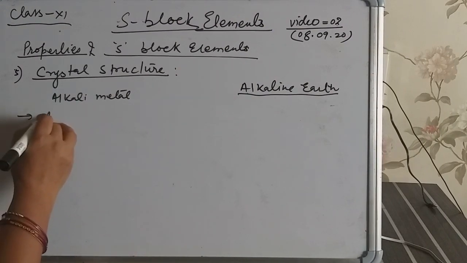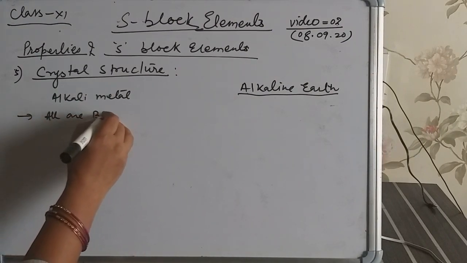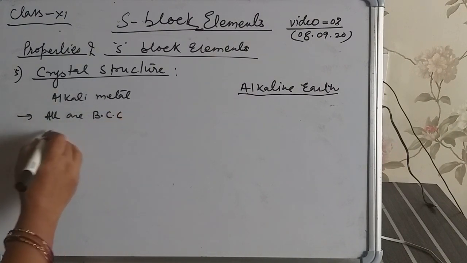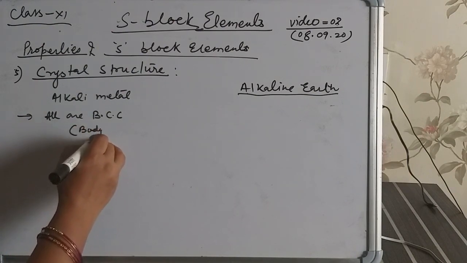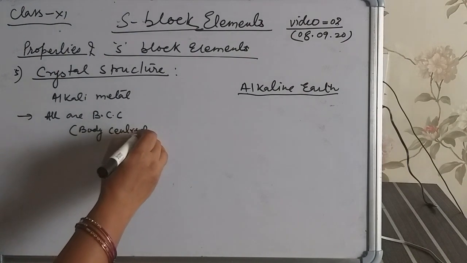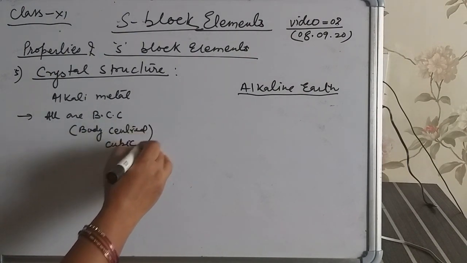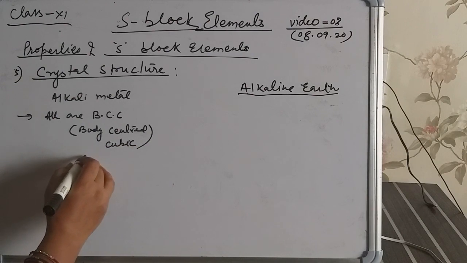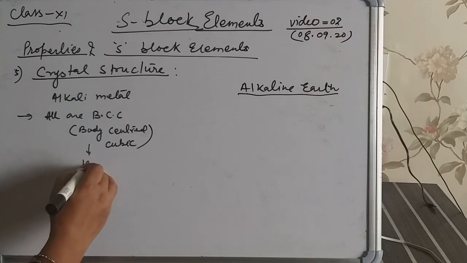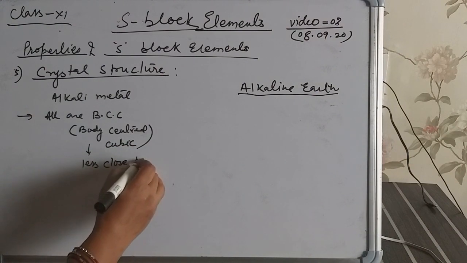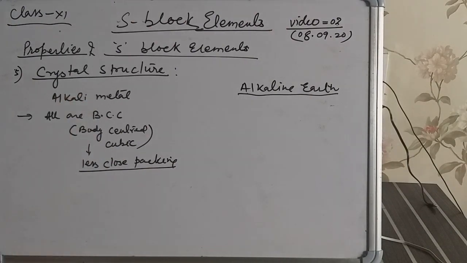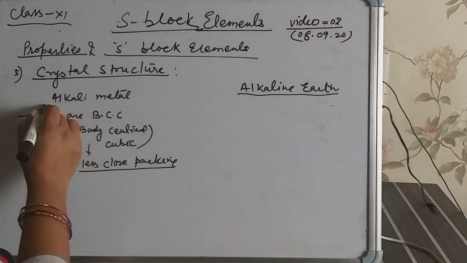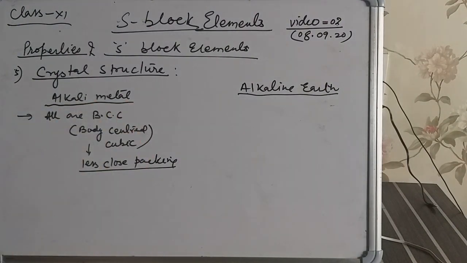Alkali metals all are BCC, meaning body centered cubic structure. It is the less close packing. In fact, we will discuss this structure in class 12, but here I am introducing the type of crystal structure of the particular S block elements.